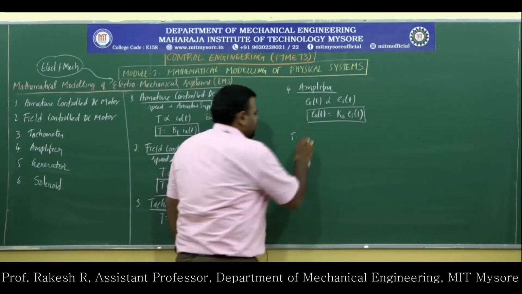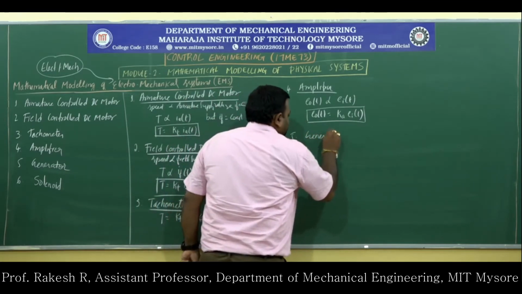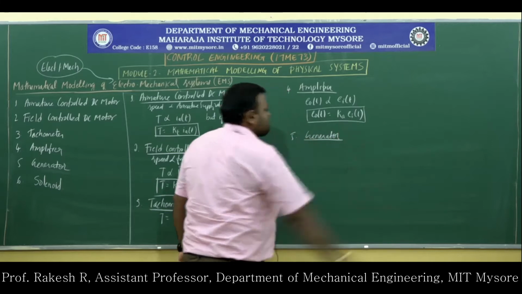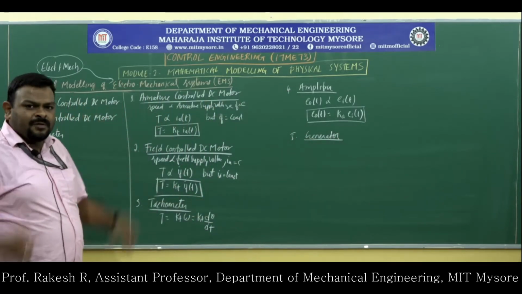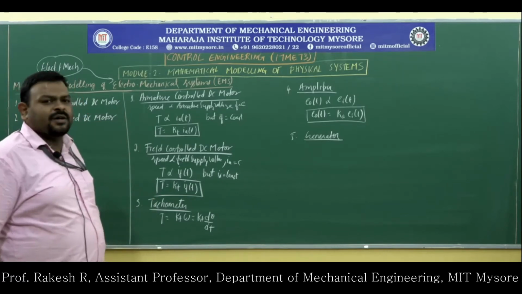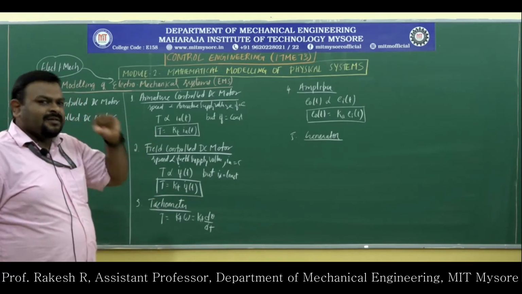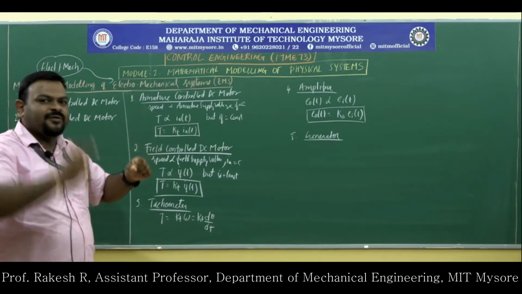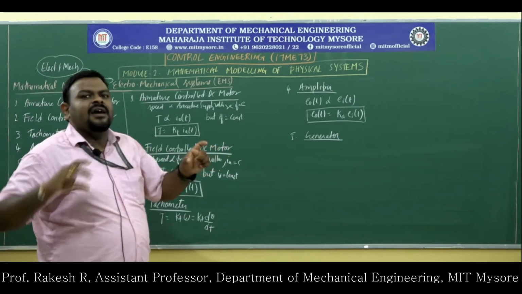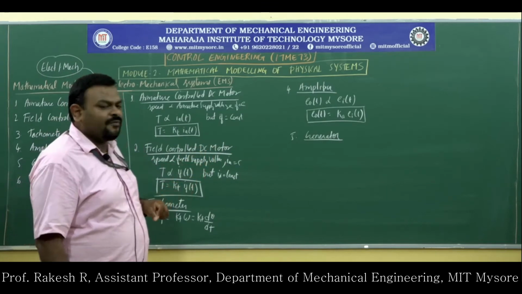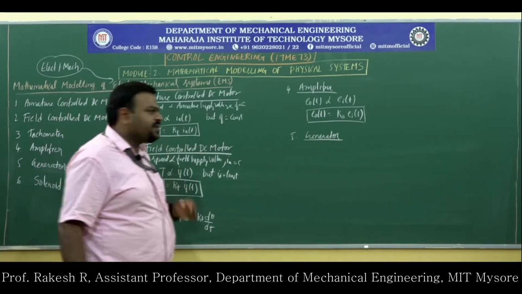Next, the generator. A generator is a device where the torque generated is highest, because the generator needs more torque in order to rotate the component. The shaft will be very big and heavy, and we need to overcome more inertia.